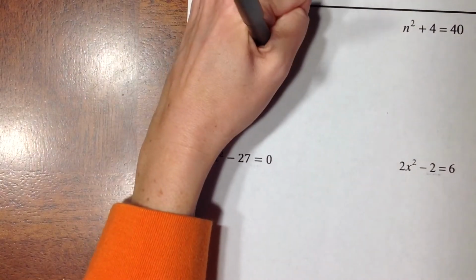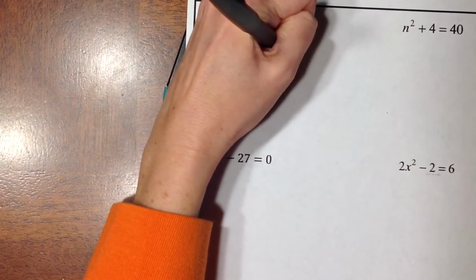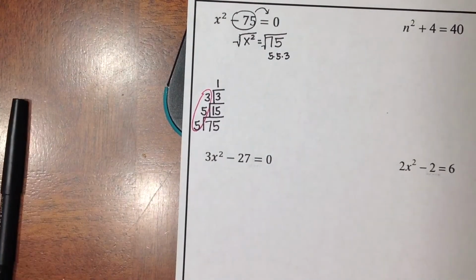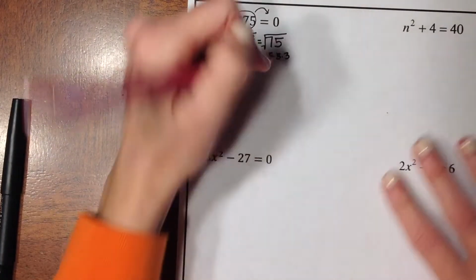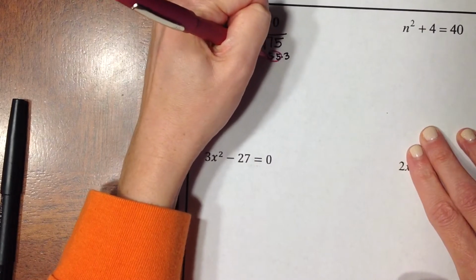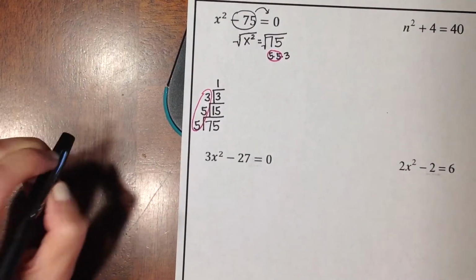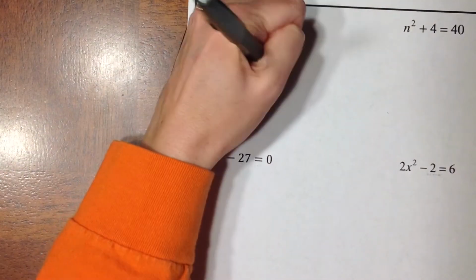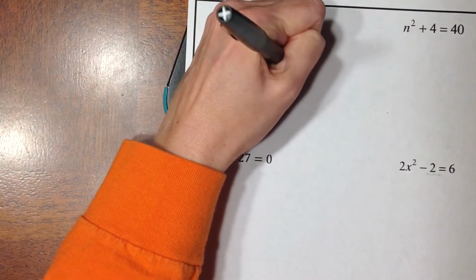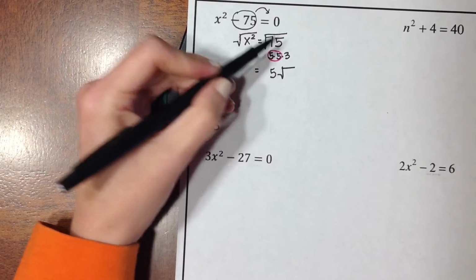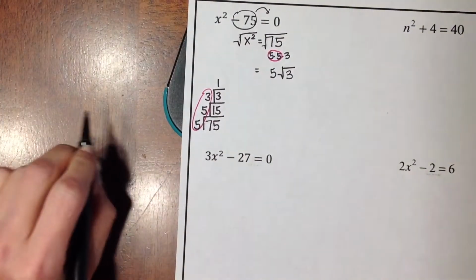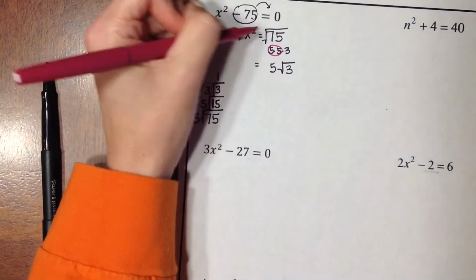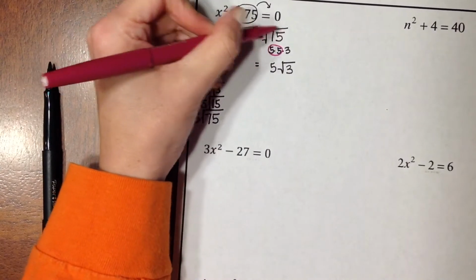So I'm just going to rewrite that in here, 5 times 5 times 3. And now, if I use my index, which is an invisible 2, I can make groups of 2. Well, the only group of 2 I can make is with my 5s. So I'm going to rewrite the square root of 75 as 5 times the square root of, and I have a 3 left underneath my square root.